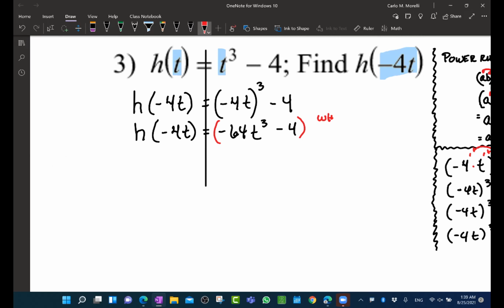What is the GCF of, well, of negative 64 and negative 4? Well, let's see, it's negative 4, okay?